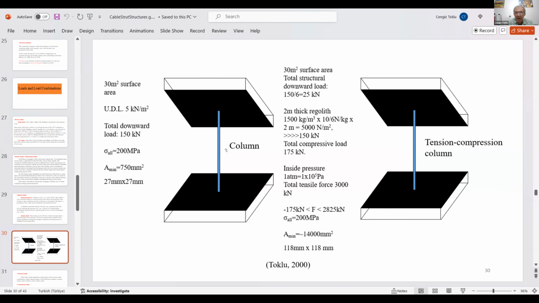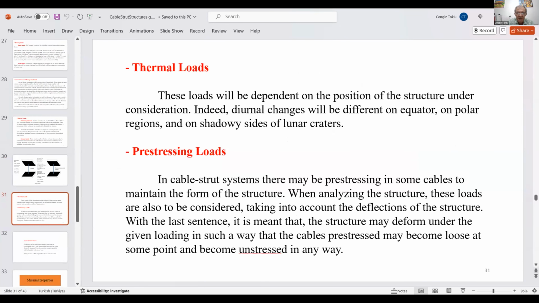If we have the same structure there, with the shield loads and with the internal pressure, the minimum area will be 14,000 millimeters square. This is a simple application, but it is very demonstrative. On Earth, 750 millimeters square. On the Moon, 14,000 millimeters square. So it is very important.